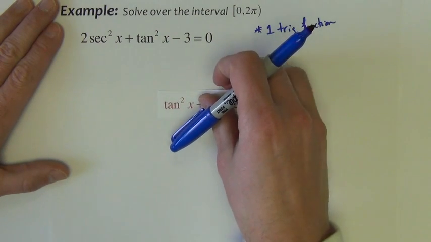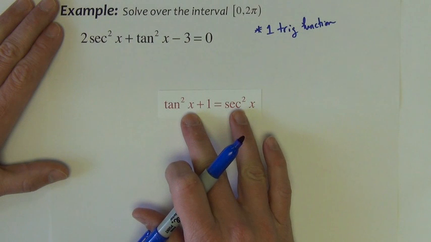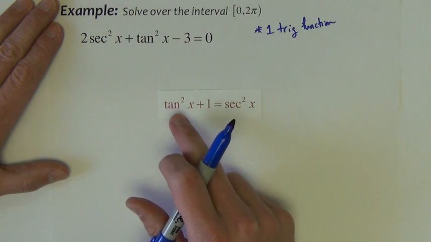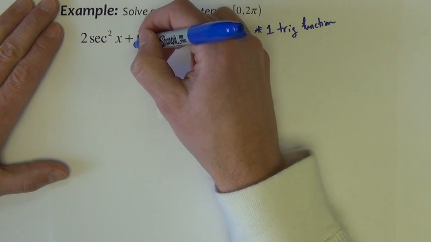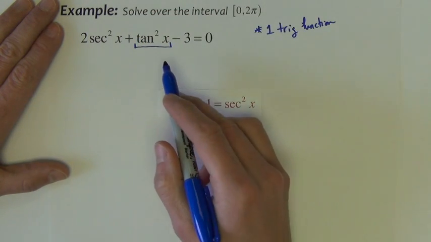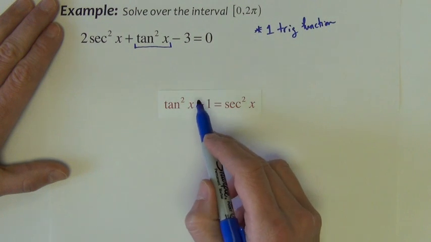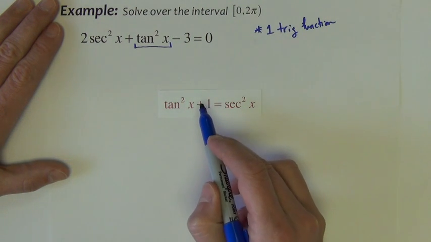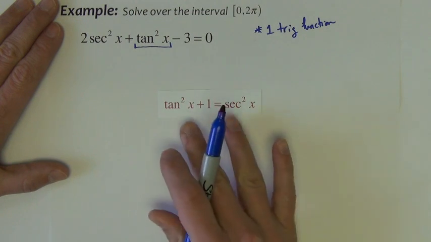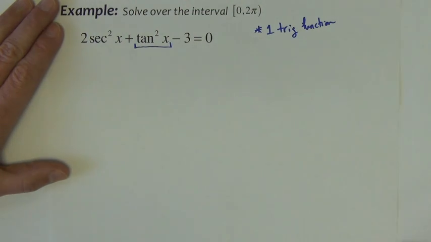But I've got this identity here, and that's a Pythagorean identity. Say I wanted to replace that. I could replace tangent squared x with secant squared x minus 1. That's what I'm going to do from this identity right here.